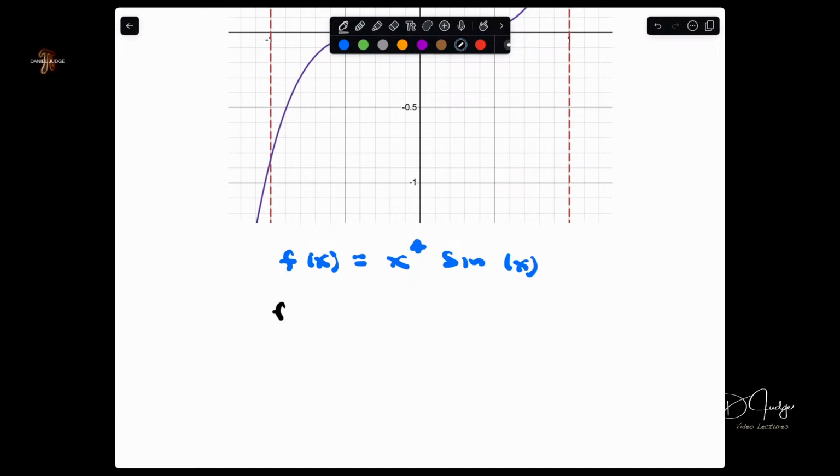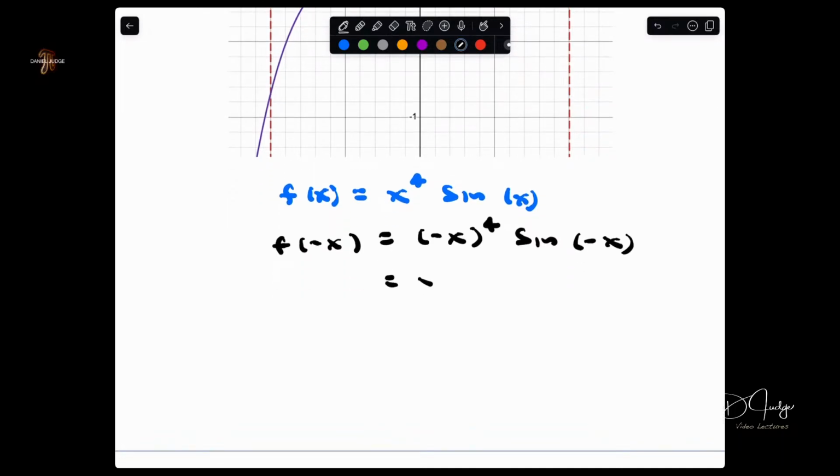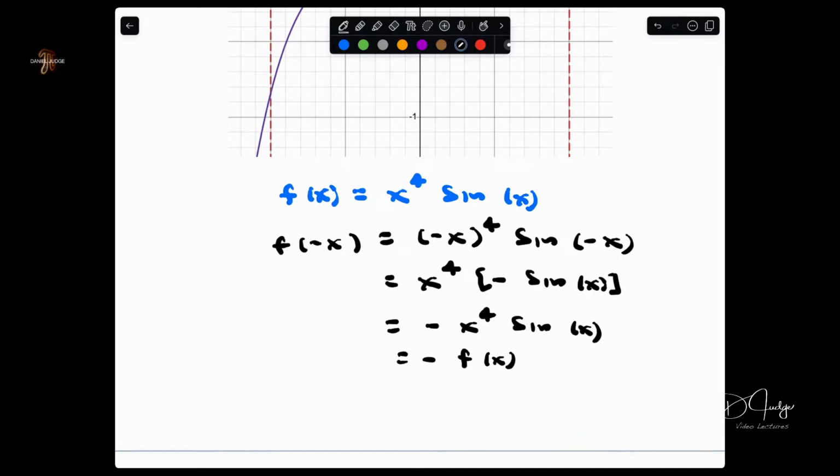So evaluating the function, when the input is negative x, we get negative x to the 4th sine of negative x, which gives us x to the 4th minus sine x, because sine is odd. So we get negative x to the 4th sine x, which is negative f of x. Your function is odd.